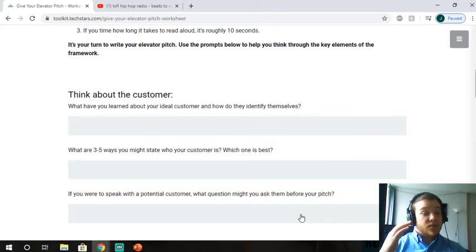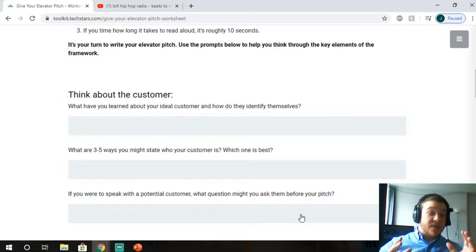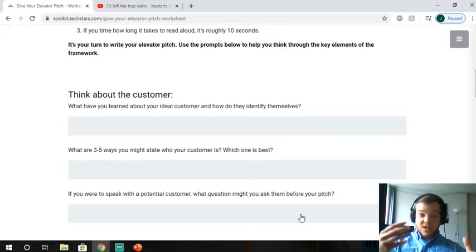Which one is best? It's again the exercise of putting as many as you can, or maybe 3, and then refining them down. So shoot as wide as you possibly can. Here are some ways I might describe my customer. And you can even ask them, which would you pick to describe you as a customer for this product? And then if you were to speak with a potential customer, what question might you ask them before your pitch?